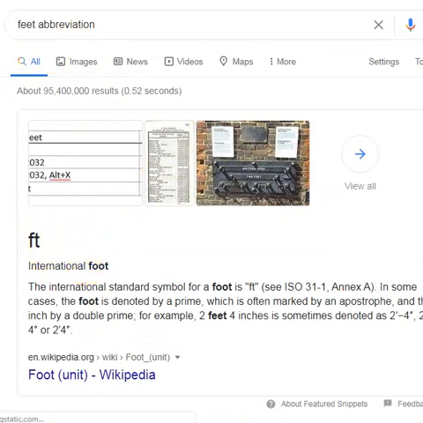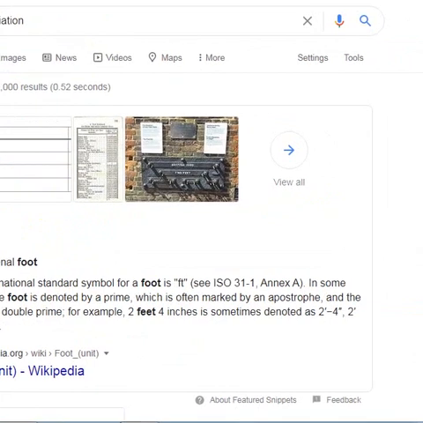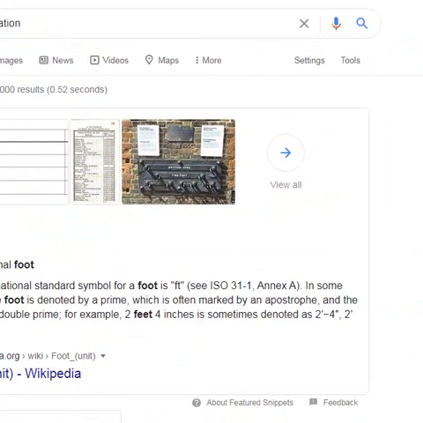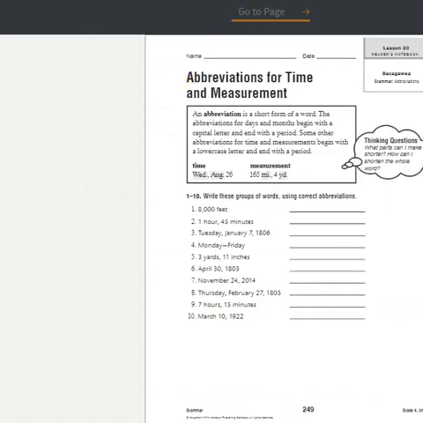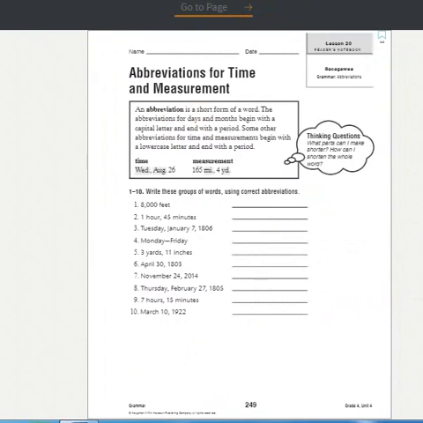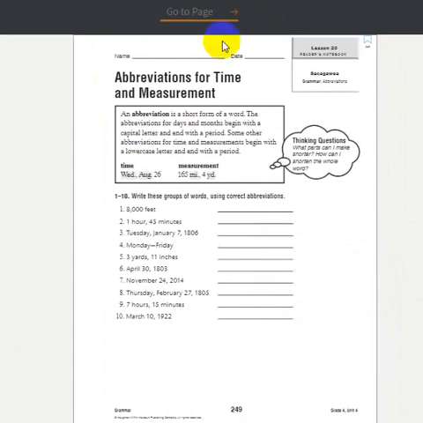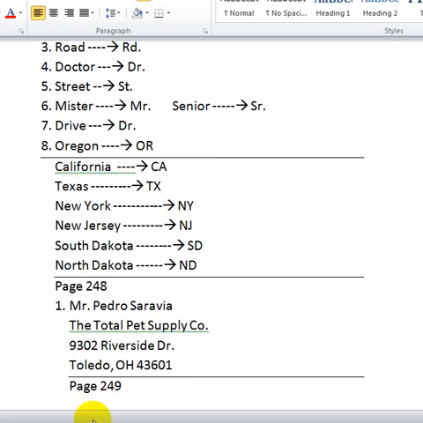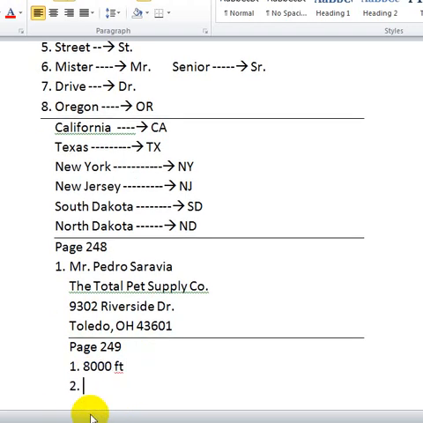That's the abbreviation for a foot or for feet, the measurement. So, go to the first one. You got number 1, 8,000 FT, right? Feet. Great job.